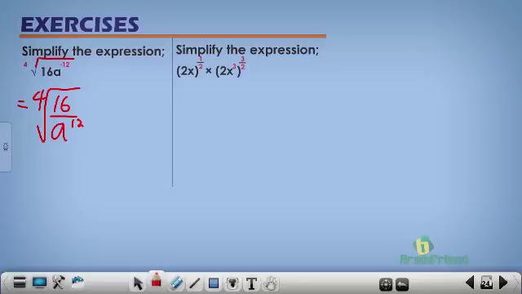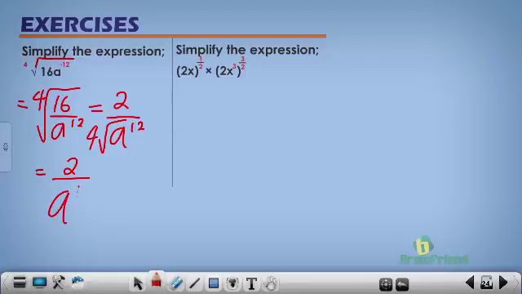If we were to find the fourth root of 16, that would be 2, all over the fourth root of a raised to power 12. Further simplifying this, we would have 2 all over a raised to power 12, and then instead of writing the fourth root, we could write it as all of that raised to the power 1 over 4.